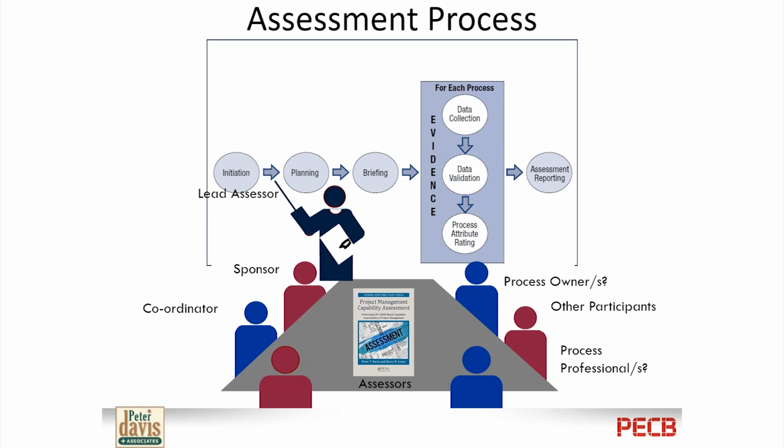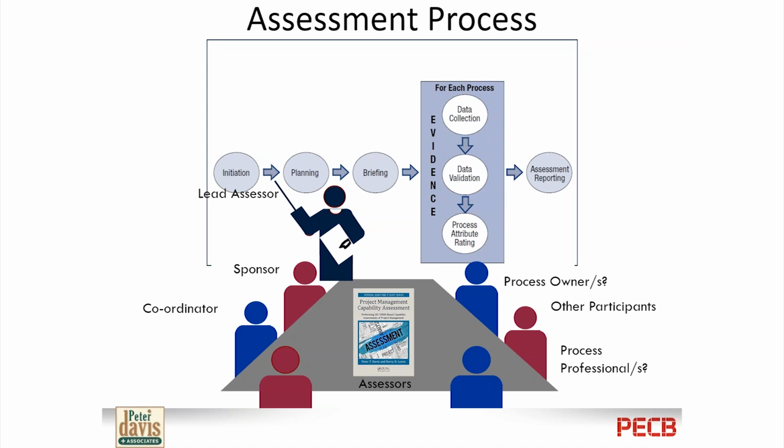That's the person standing up and going through this and talking about this to the various people on this project steering committee here. And the assessors themselves are the ones sitting at the bottom of the table. They're going through the process, explaining all this and briefing the sponsor, the coordinator, and the process owner as to what the process is, explaining to them what they can expect at the back end, and getting agreement.